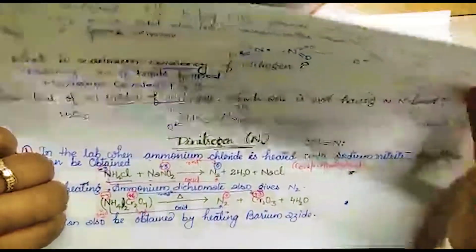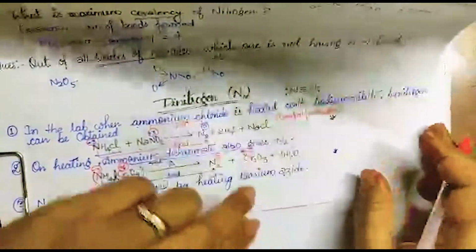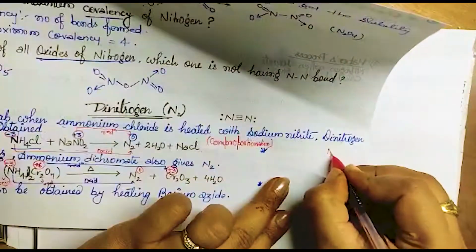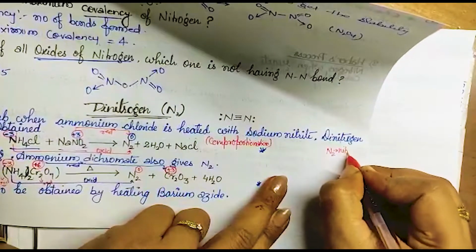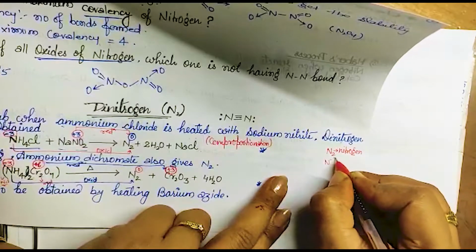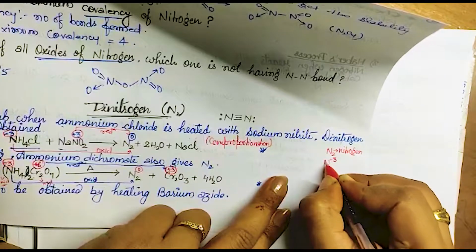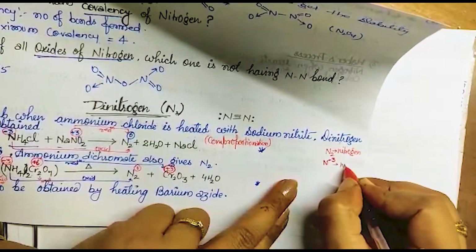Before this azide, I just want to tell you 3 things. Let me write it over here only. If it is N2, what we say? It is nitrogen. Yes. If it is N-3, one nitrogen has -3 state, then it will be called nitride.